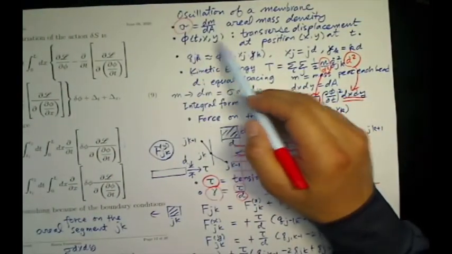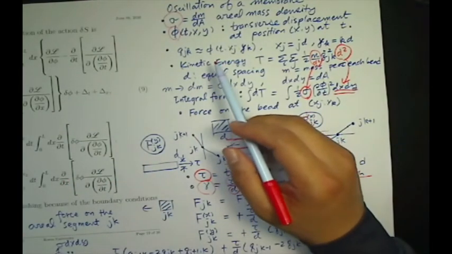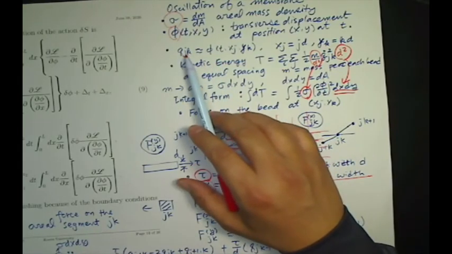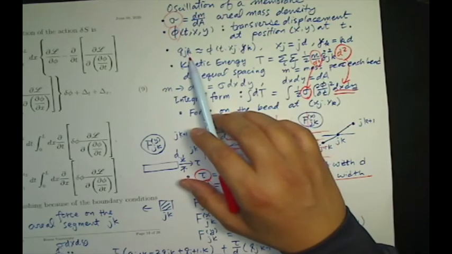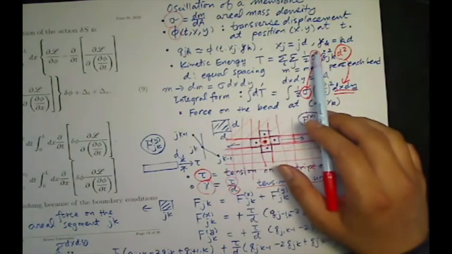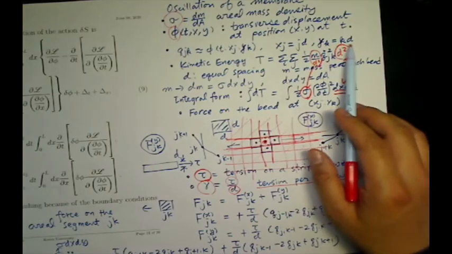And transverse displacement at position x and y is again treated to be the scalar field phi. And we have transverse displacement with the two indices, J and K. J and K stand for the x position and y position. For simplicity, we used identical spacing for horizontal and vertical directions.